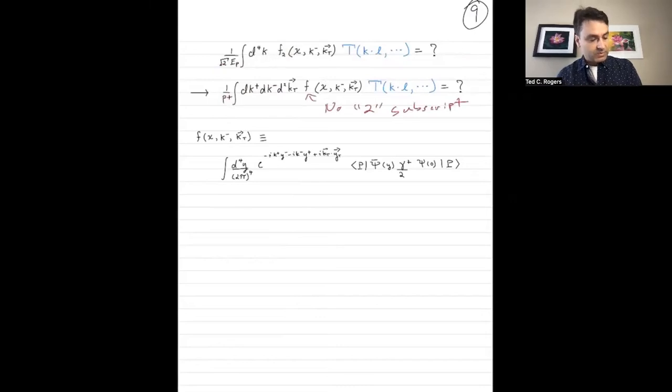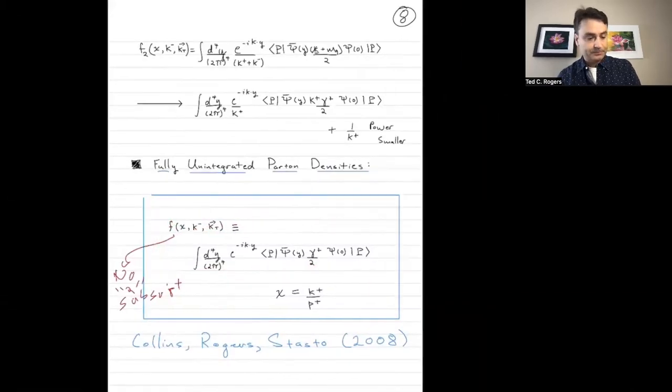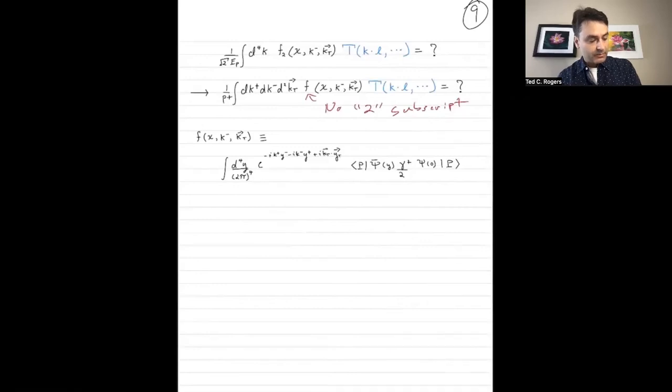And here I've just basically copied and pasted this fully unintegrated parton density definition, but I've expanded out the terms in the Fourier transform exponential because we're going to use that here in a second.